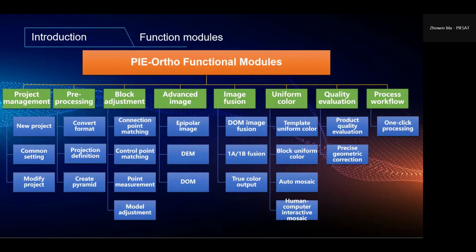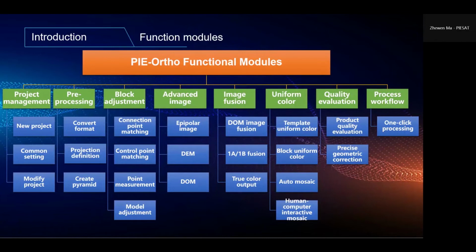In the pre-processing module, you are expected to convert the format of your data or do the projection definition, and you can also create a pyramid here, which allows much faster processing later on.